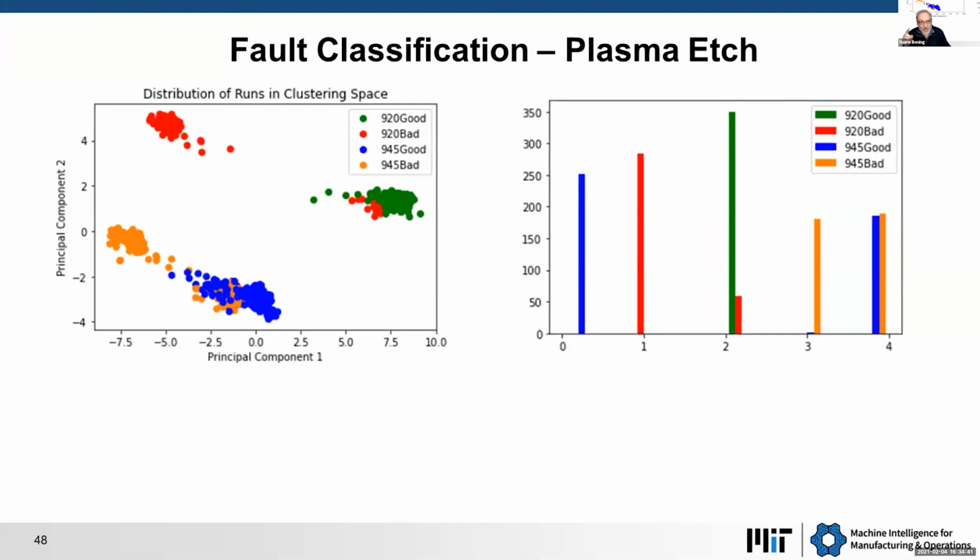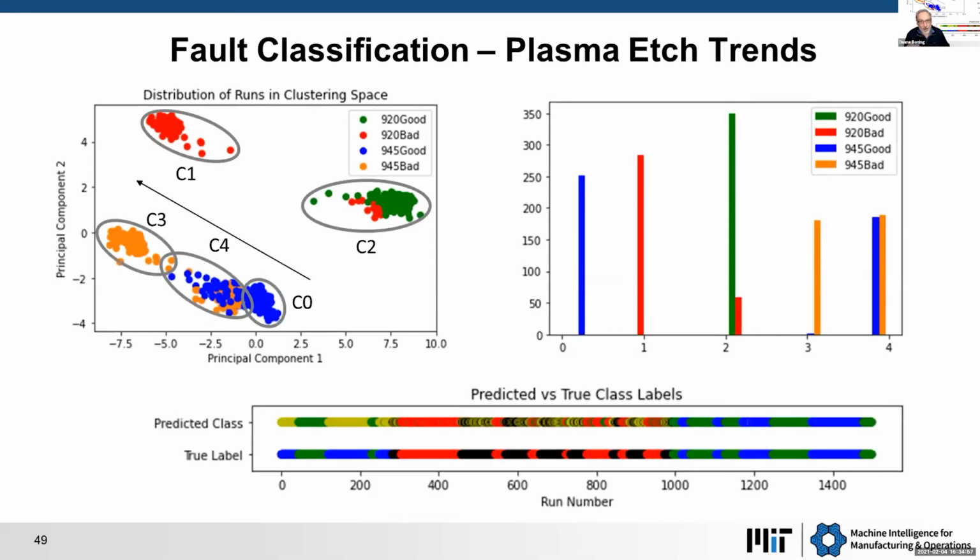And then in that plasma etch, we did the same thing. Here you see some cases where good and bad overlap, meaning we couldn't perfectly separate out good runs and bad runs. But we also found over time, we could see the points drifting from a known good run, say those 945 blue, towards the 945 bad.